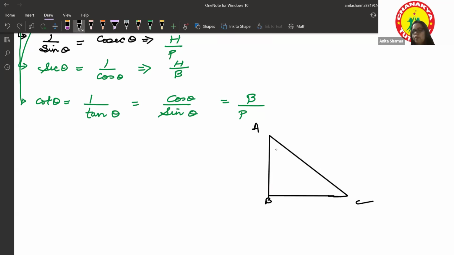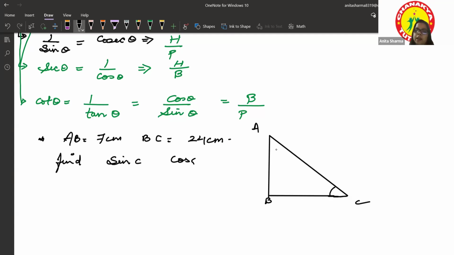So A, B, C. Here we have given only the alphabets, A, B and C as vertices of the triangle. Here we have not given any theta, right? This angle. And here we have given that AB is equal to 7 centimeter and BC is 24 centimeter. And then find sin C, cos C and cot C.